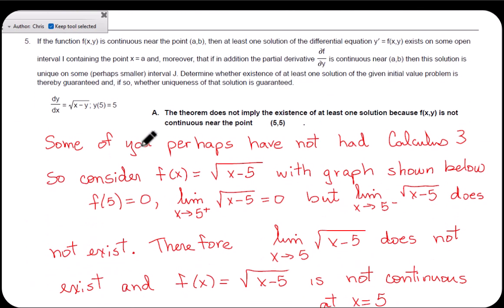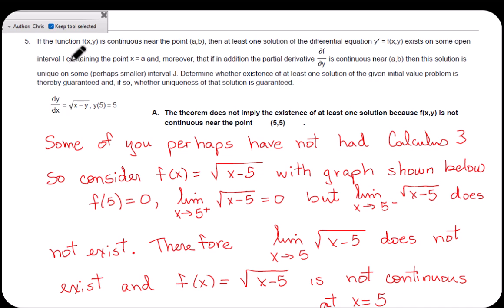Question 5 is kind of a technical situation, and it says that for our first order differential equation, y prime equals our flow field, that thing will have at least one solution if, on an open interval around a particular point, the function is continuous.